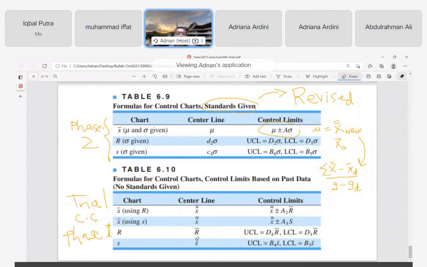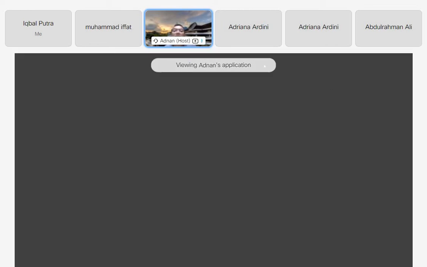We also know D3 and D4, and for the trial S chart these are the formulas. But when we revise, it is going to be B5 and B6. So this is just giving you the summary of those formulas. All right, any question up to that point?